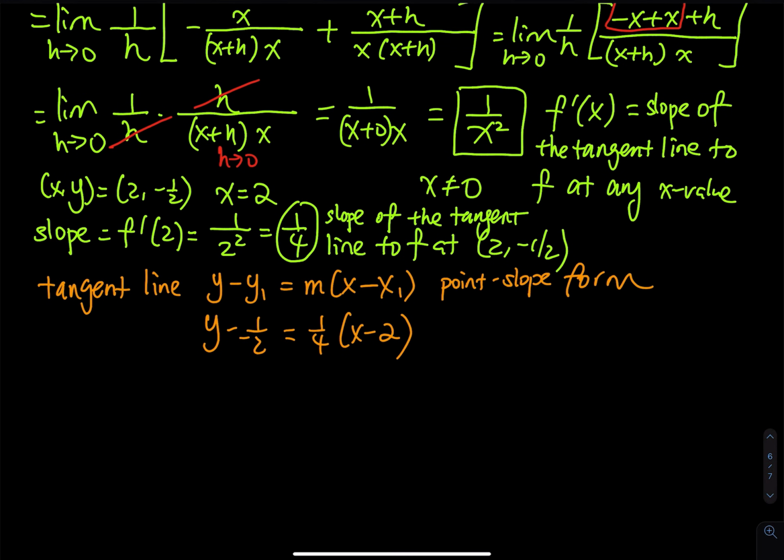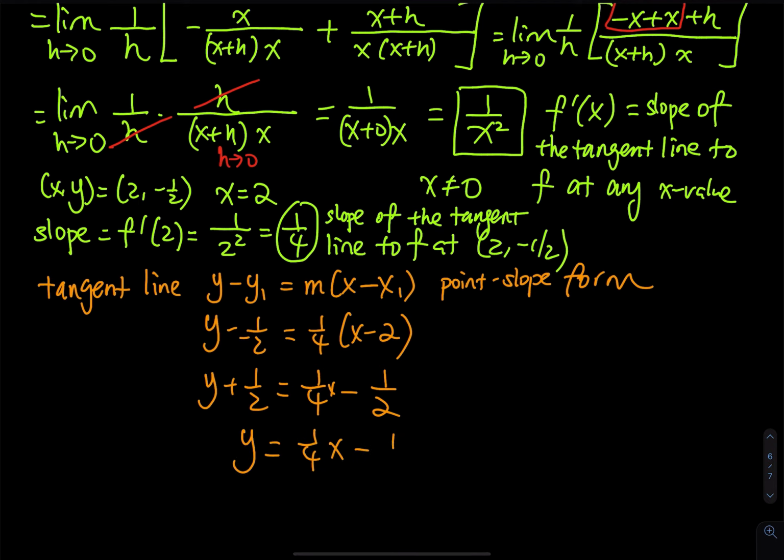And then you have y plus 1/2 equals 1 over 4x minus 2 over 4, which is 1/2. And then you subtract 1/2 on both sides, so y is equal to 1 over 4 x minus 1/2 minus 1/2. As a result, we have y equals 1 over 4x minus 0.5 minus 0.5, that becomes minus 1.